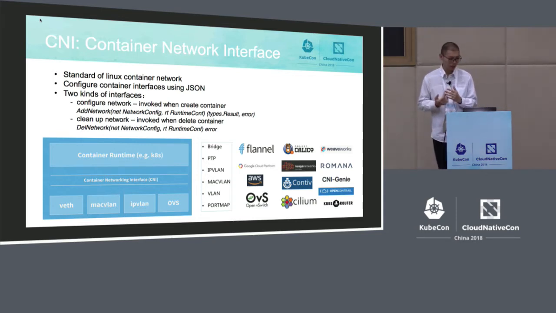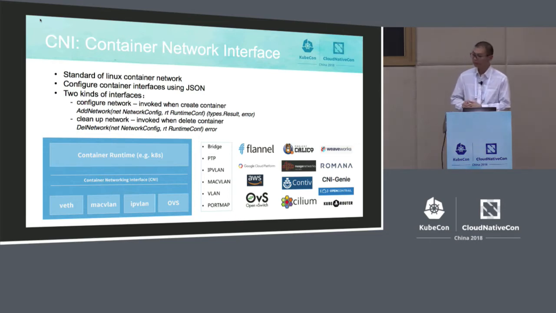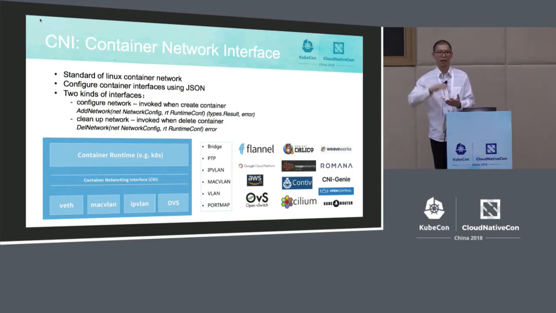When deleting a pod, it will call the cleanup network interface, delete network and delete network list. So here are two parameters: one is the network configuration, and the other is the runtime configuration. Within Kubernetes, CNI is a middle layer.